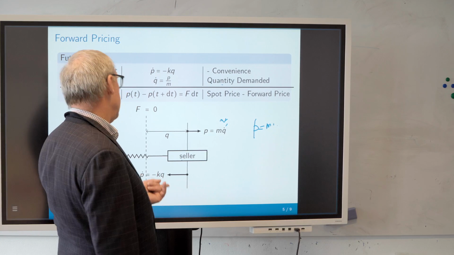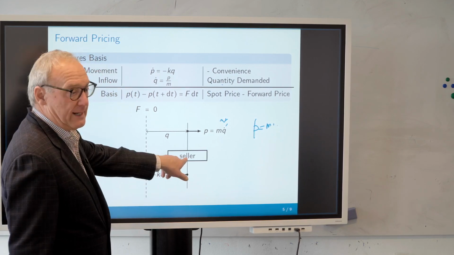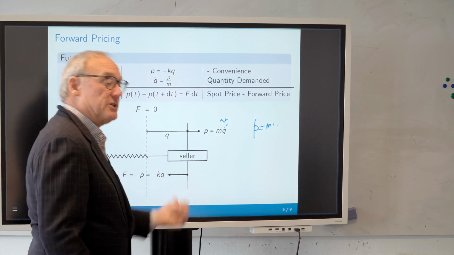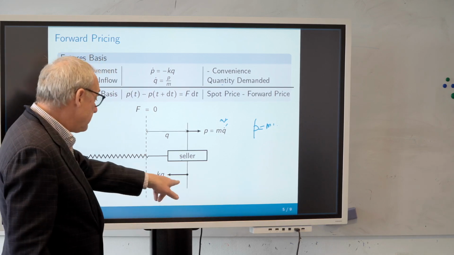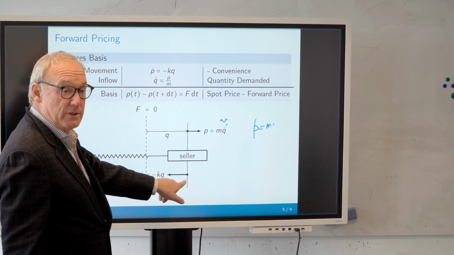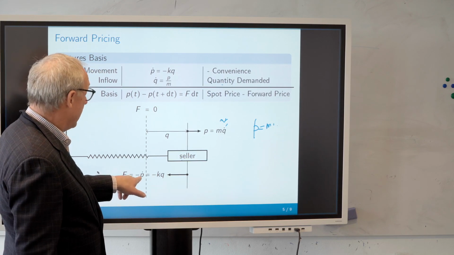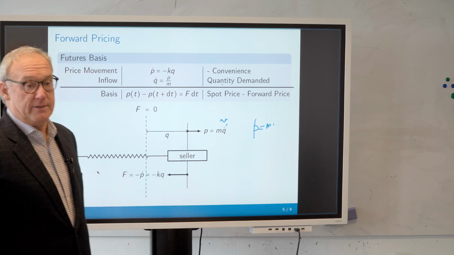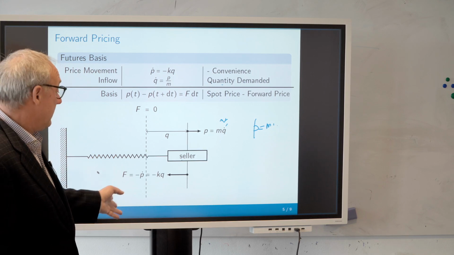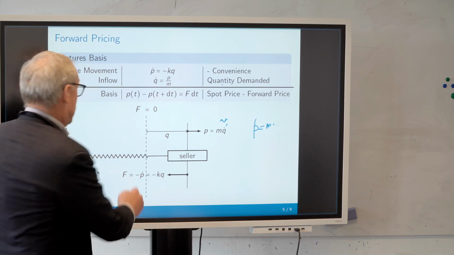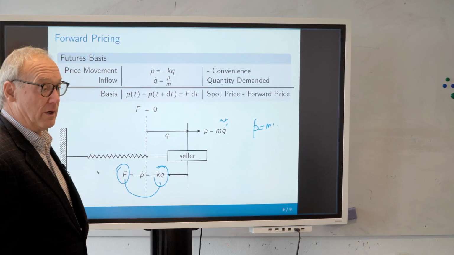Similarly, you will see that the force on the mass, which is the reaction force to the force we have to put on the spring, the convenience yield, relates to the price as the negative of the price movement. That's clear. This is what we did in general last week. But we know that this convenience yield is equal to K times Q.